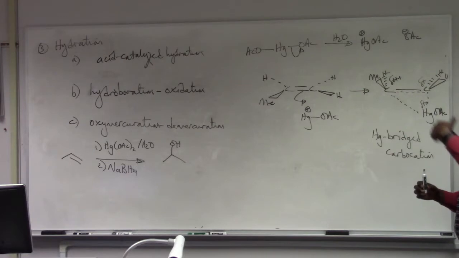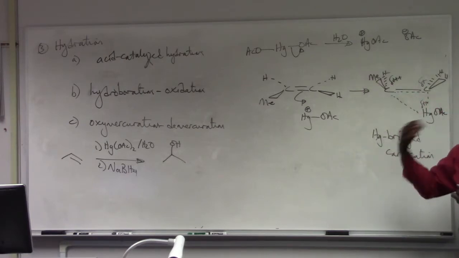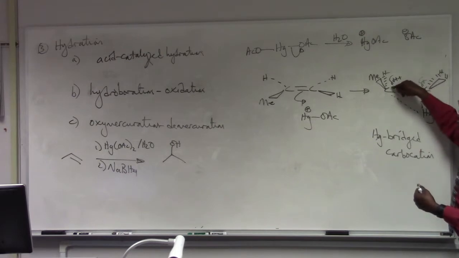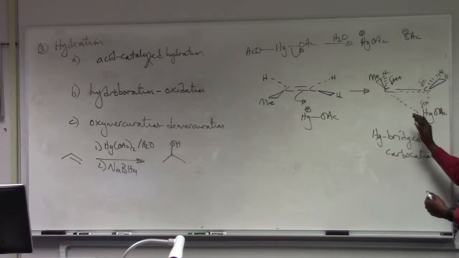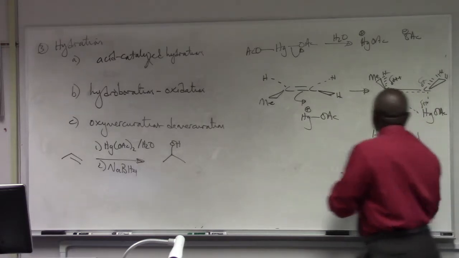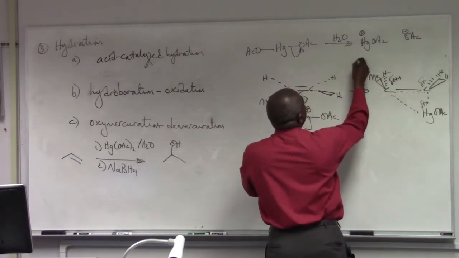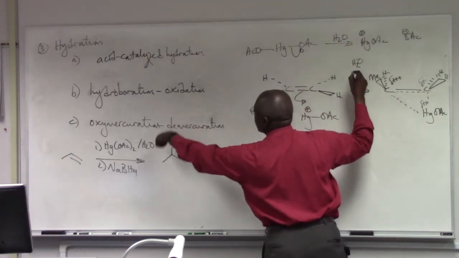So from both the steric perspective, hiding from the big group, and the electronic perspective, depositing more charge on the secondary carbon, the species is unsymmetrical. And what happens next is that water, because we're in water, right?